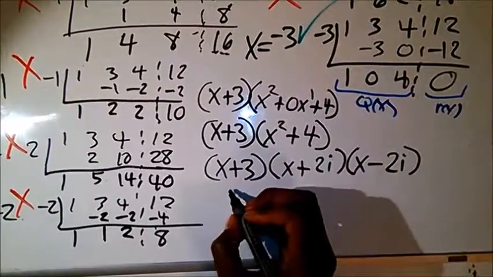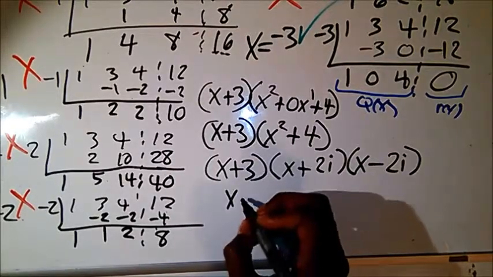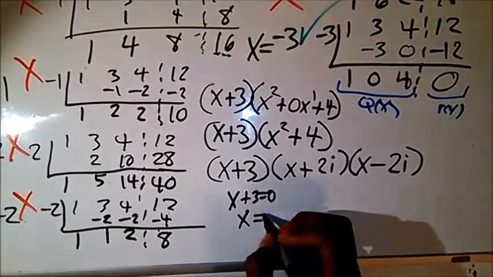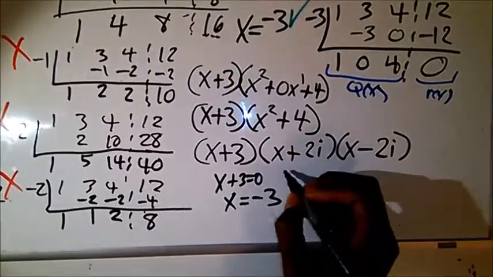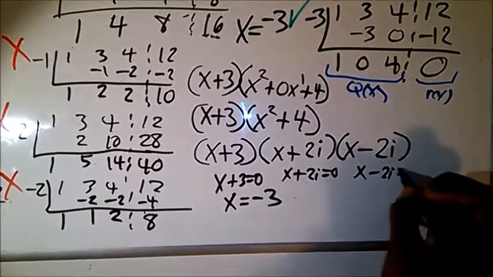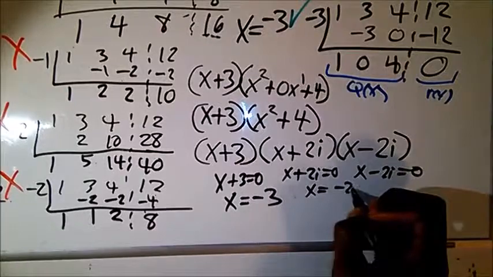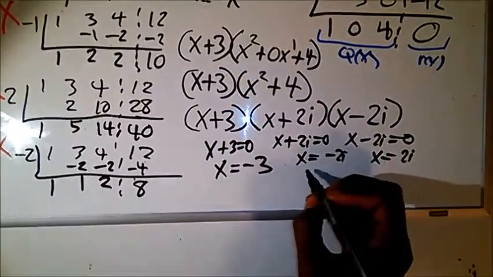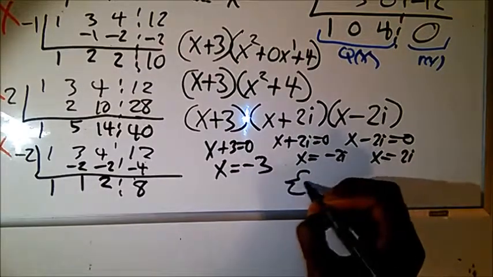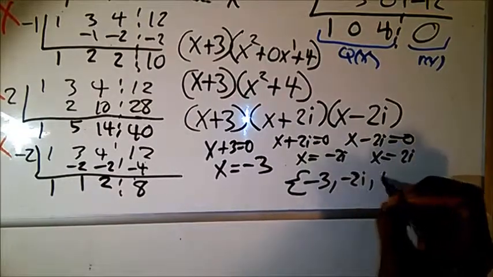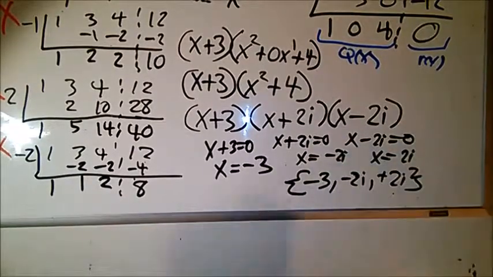So our roots will be, set all of them equal to 0: x plus 3 is equal to 0, x will be equal to negative 3. x plus 2i equal to 0, x minus 2i equal to 0, x will be equal to negative 2i, x will be equal to positive 2i. So our roots will be negative 3, negative 2i, positive 2i. Those would be our zeros for this function.